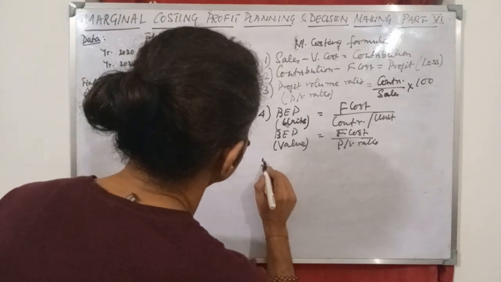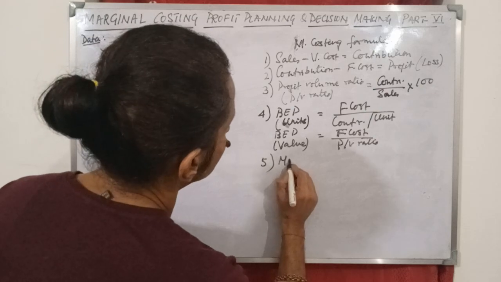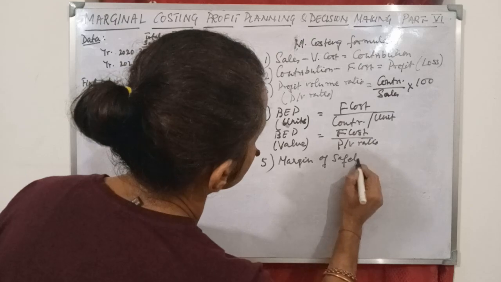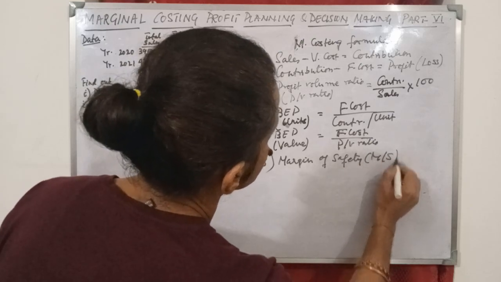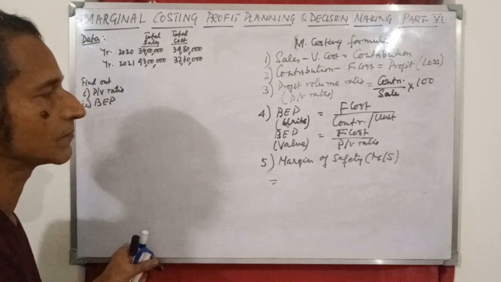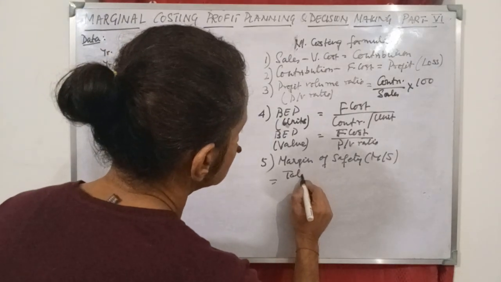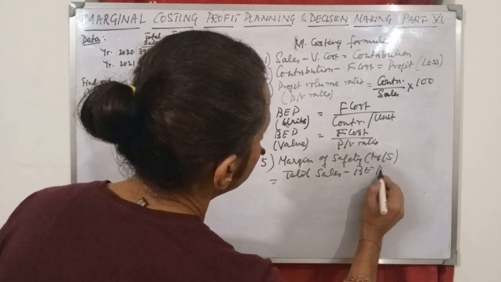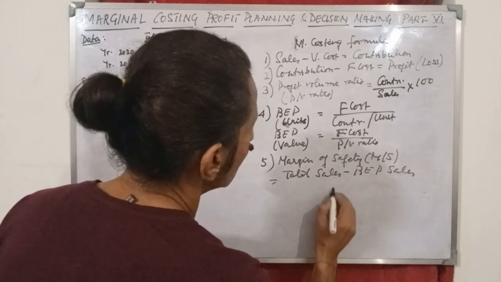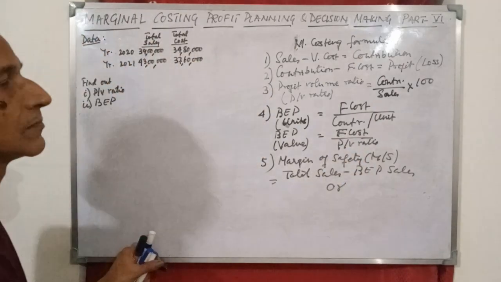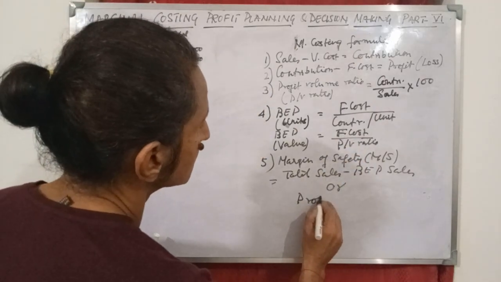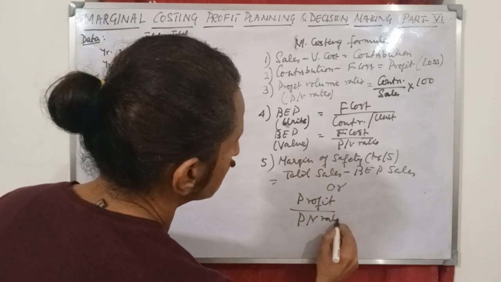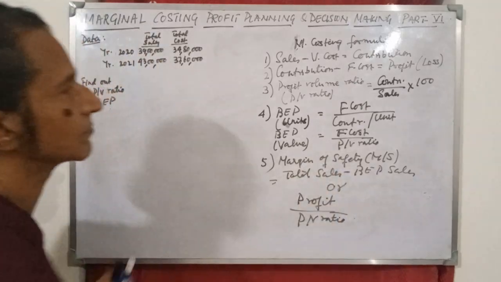And number 5, margin of safety. MS is equal to total sales minus BEP sales, or profit divided by PV ratio.